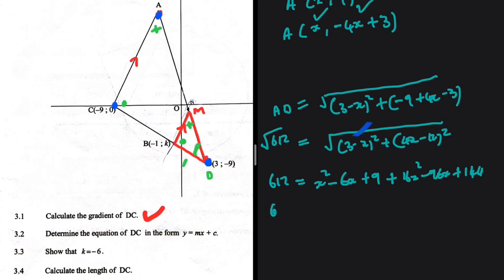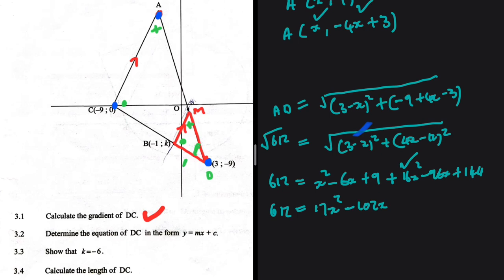So 612 is equal to x squared minus 6x minus 96x. Oh, well, we have 16 here, so let's write that as 17x squared and add those two. And then minus 6x minus 96x. So 96 plus 6 is 102, so we have minus 102x.